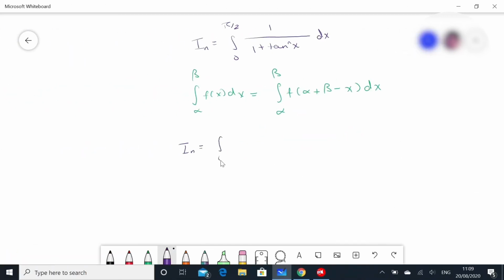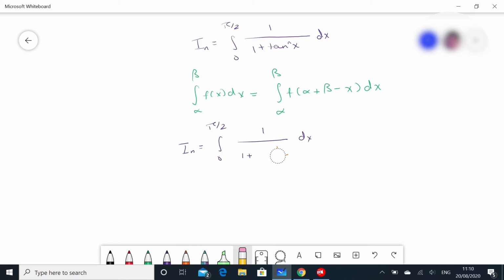Alright, so let me rewrite the integral from 0 to pi by 2 of 1 divided by 1 plus cot to the power of n of x dx. Now, like I said before, cot of x is 1 divided by tan of x. So let's rewrite cot of x. So it's 1 divided by tan to the power of n of x.